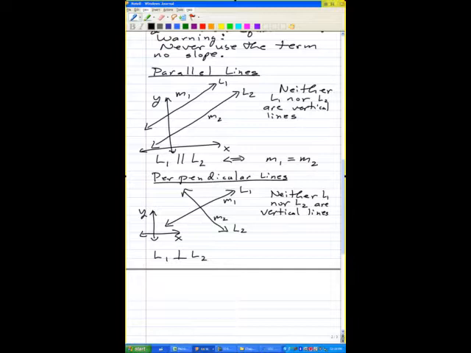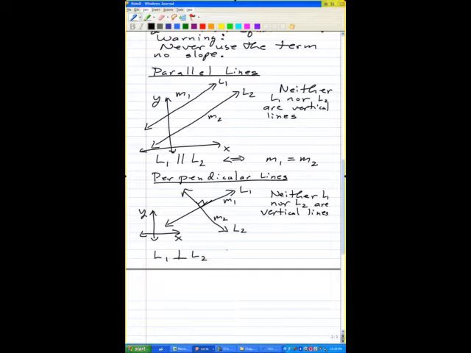Oh, I didn't tell you what perpendicular is. Two lines are perpendicular if they intersect, and at that point of intersection, they intersect at a right angle. So if this point of intersection is a right angle, we say that these two lines are perpendicular.